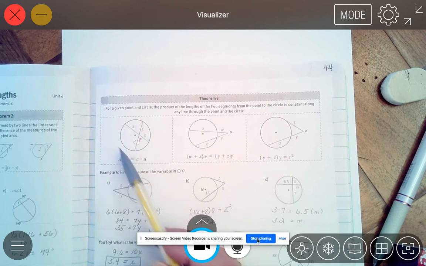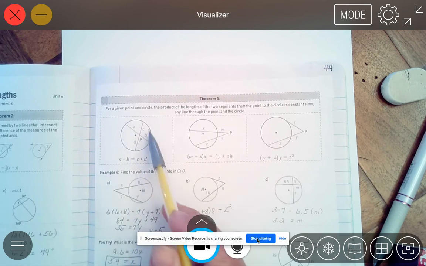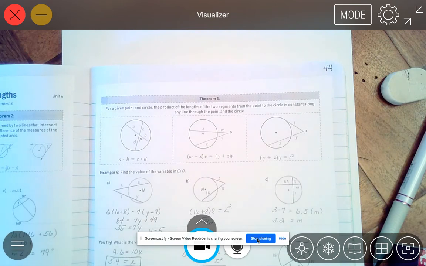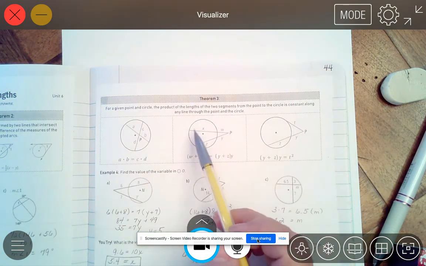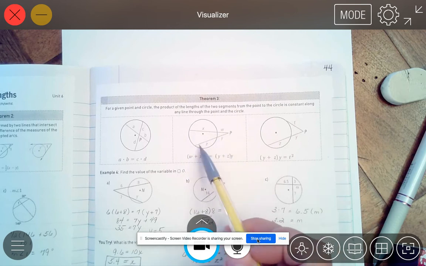If you have a scenario that has two chords that intersect, we can see that AB, the product of those, has to be the same as the product of CD.